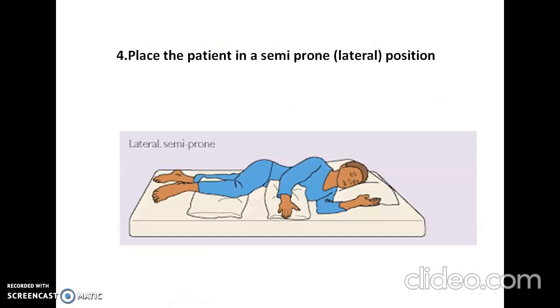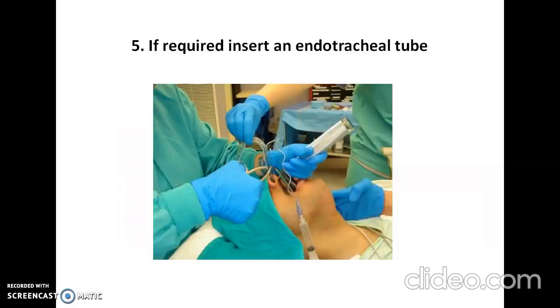Next, in order to improve respiration, we can use the lateral semi-prone position, where one leg is placed above the other. In between you can observe a pillow, and a second pillow below the hand and below the head. In this semi-lateral position, respiration may be improved. This can be followed with the patient.